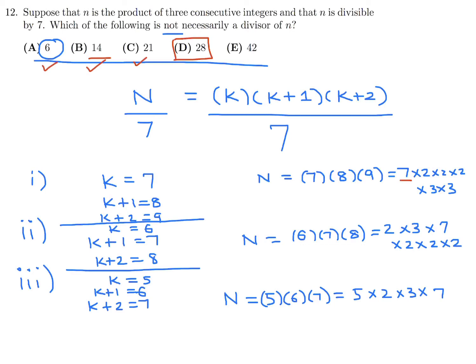So 7 times 2 times 3, okay, that's possible, and 7 times 2 times 3, great. So that works out. 28 is something that is not necessarily going to be true all the time as a divisor of n. So the number 12 question, the answer is D.